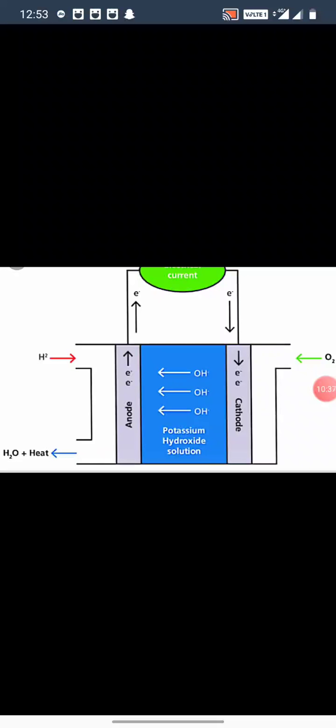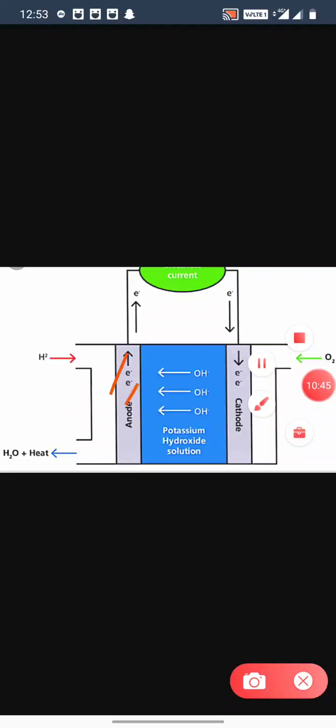So here is the diagram which depicts the working of a fuel cell. You can see here that we have perforated electrodes, though the pores are not shown in the diagram, but it is perforated in nature, that is, it has pores present in it. At the anode side, you can see the supply of hydrogen taking place, and at the cathode side, the supply of oxygen. Through the porous electrodes, the two move to the electrolytic solution present here.